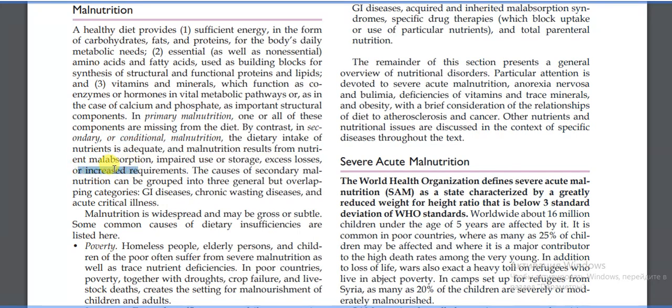These people may take in what is normal for an office worker, but they have increased requirements, and it leads to malnutrition.